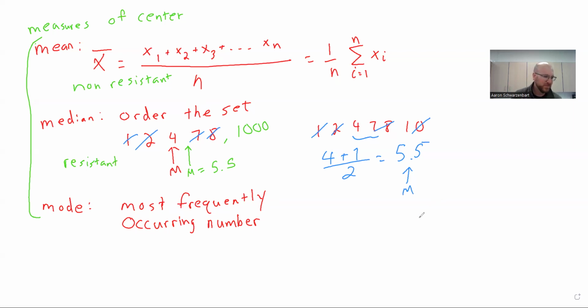Okay? So using a frequency table, I'm going to go through and write out this frequency table here. This is going to be example 5.